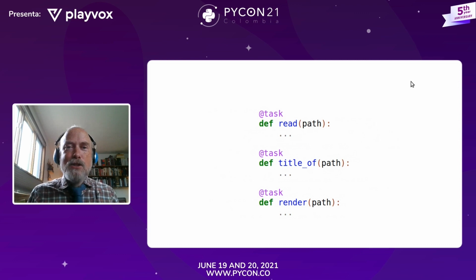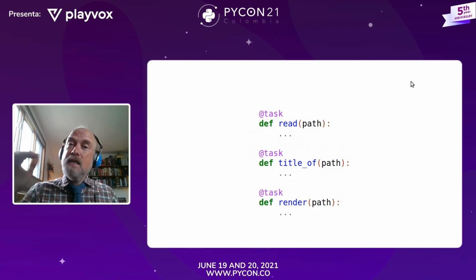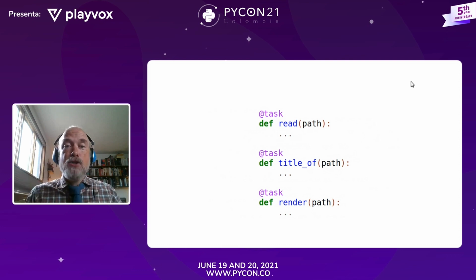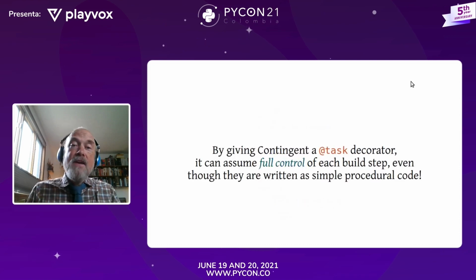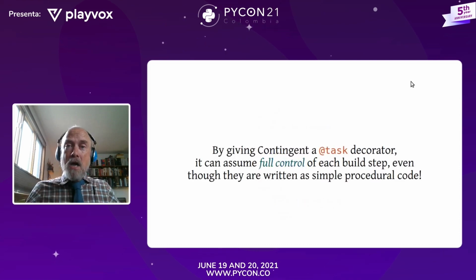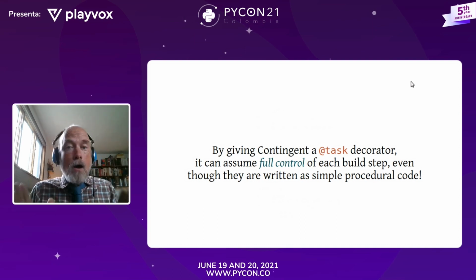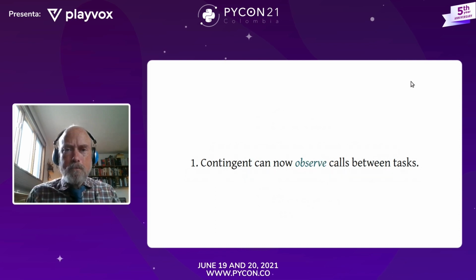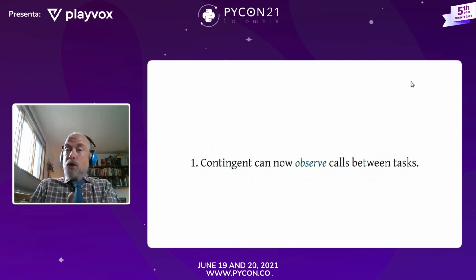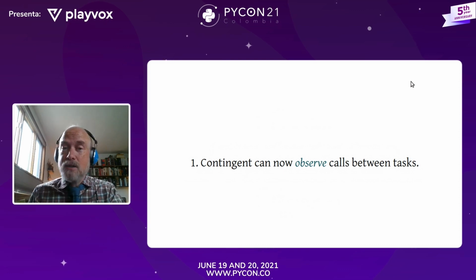What we did in Contingent is we added a decorator, called it task, to each of the tasks that Contingent is supposed to run and rerun when the input files are changed. By giving Contingent a task decorator, it can assume full control of each build step, even though they are written as simple procedural code. Contingent can now observe the calls that are happening between these 3 tasks.